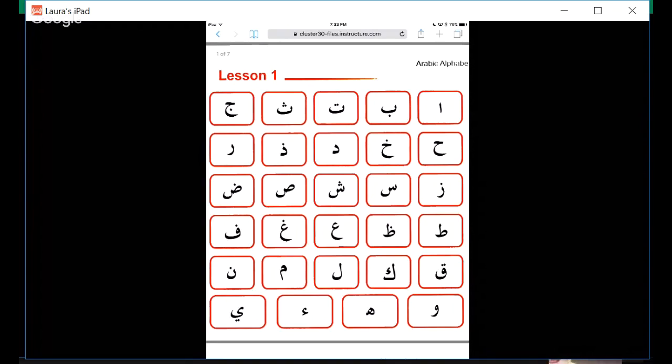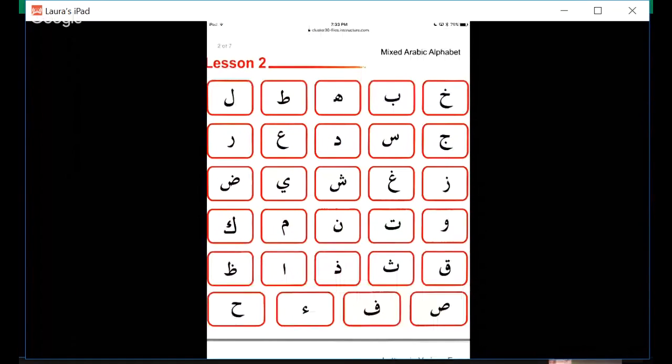Okay. I want you to read across the top line. Tell me what letters you see. Kaf, kha, ba, ha, ta, and lam. Very good. Next line.